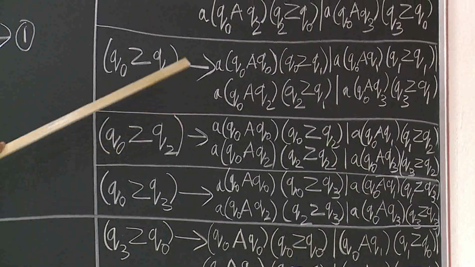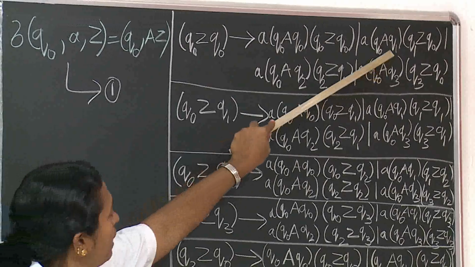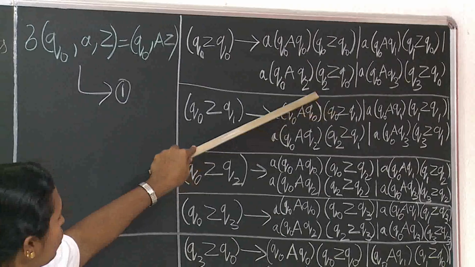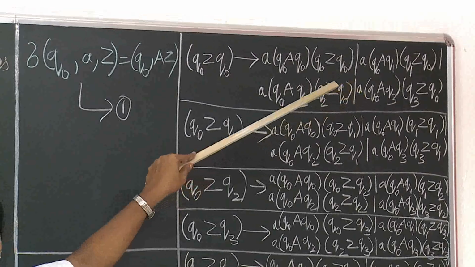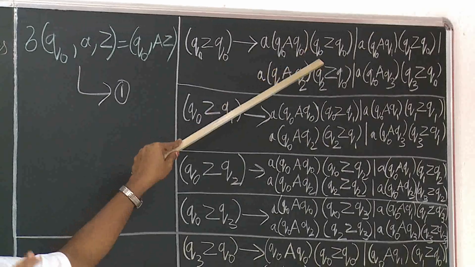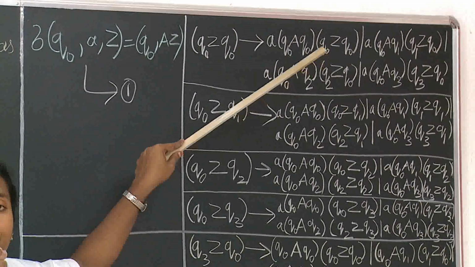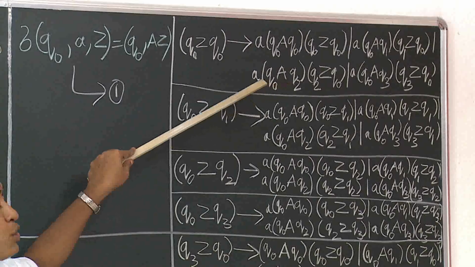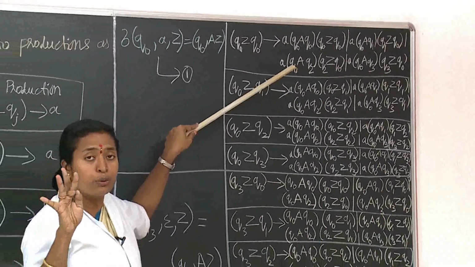Now L takes each time 0, 1, again here 2 and here 3. So the K and L values keep changing. It is taking all the possible values of capital Q. Capital Q is nothing but the number of states in a transition or production. Here, if you consider, there are 4 states Q0, Q1, Q2, Q3.